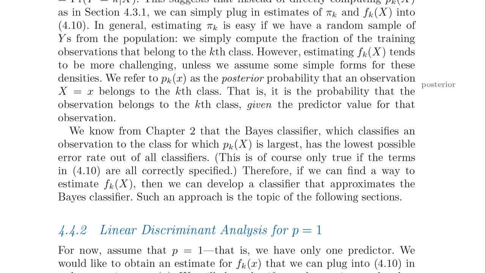I don't even remember doing this. This is, of course, only true if the terms in 4.10 are all correctly specified. Therefore, if we can find a way to estimate f k of x, then we can develop a classifier that approximates the Bayes classifier. Such an approach is the topic of the following sections.